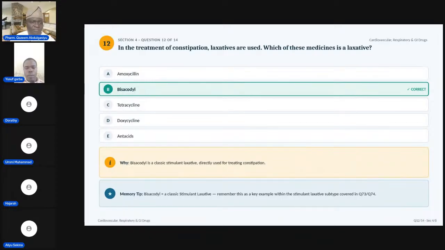Dulcolax. Yes. Some of us will have come across Dulcolax before. So that's the odd one there. Amoxicillin is an antibiotic. Tetracycline is an antibiotic. Doxycycline is an antibiotic. Then antacids are what they are, but not laxative.